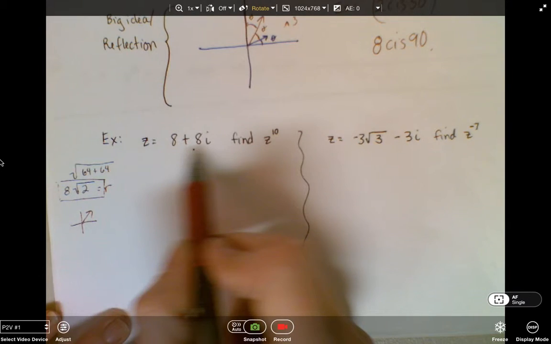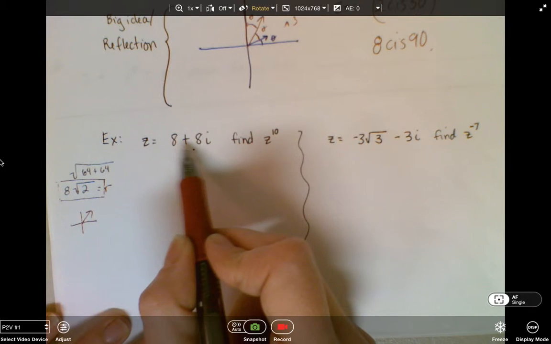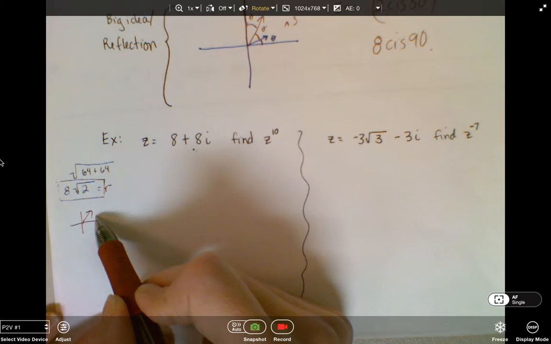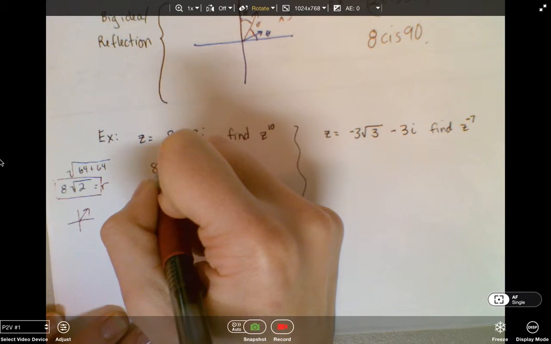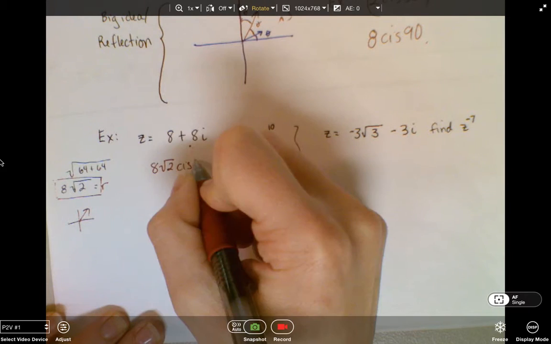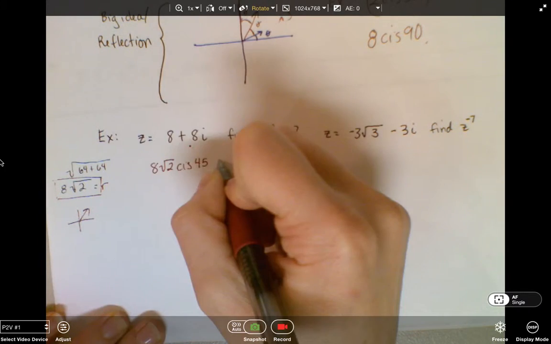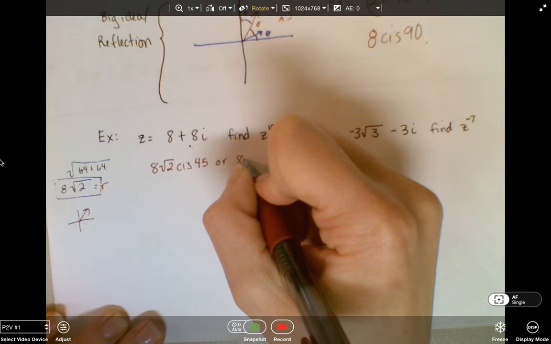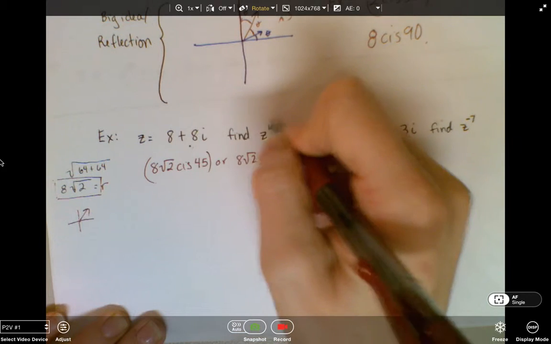I know that because they're the same value, so it must be a 45. And then these are both positive, which puts it in this quadrant. So this is 8 root 2 cis 45, or 8 root 2 cis pi over 4. We're going to take all that to the 10th.